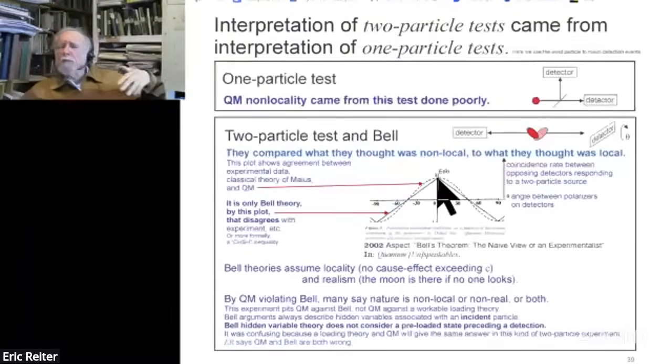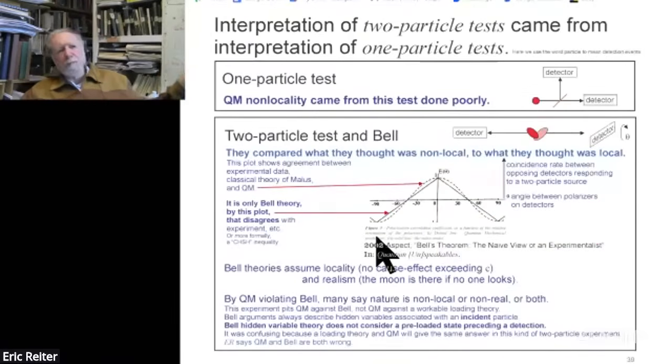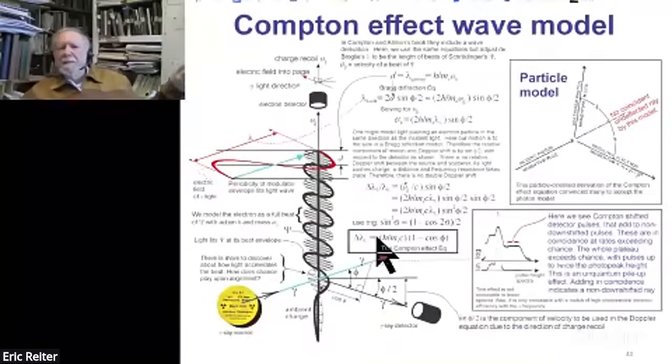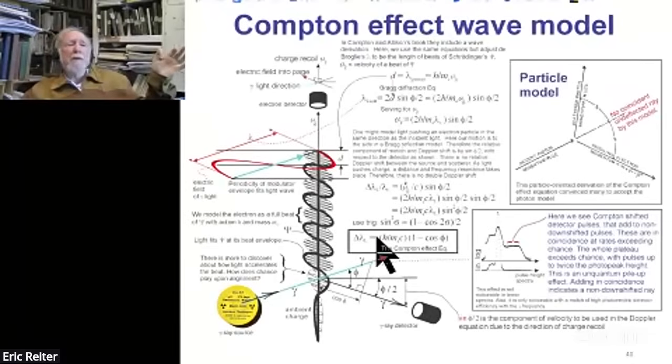And so this is what all the hullabaloo is about, to say that the world is non-local, why people say things like this. And so we're dispelling all that. If we like, we can go back to the Compton effect, explore it some more, but I'm pretty much through and ready for open questions.